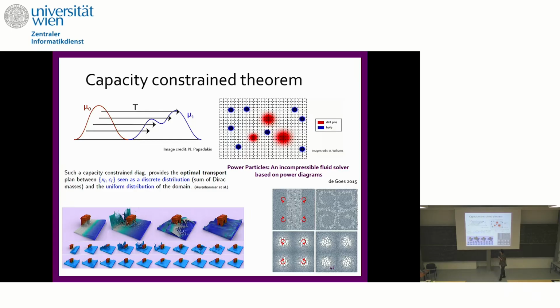One of them is what is called power particles. It's to simulate incompressible fluid, and it turns out that by representing fluid with these power particles based on this capacity constraint formulation, we can have a quite efficient technique to compute them based on power diagrams.